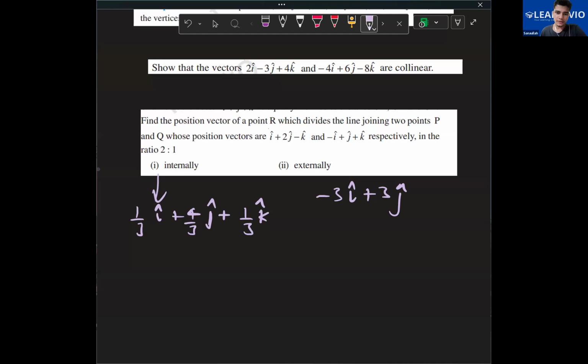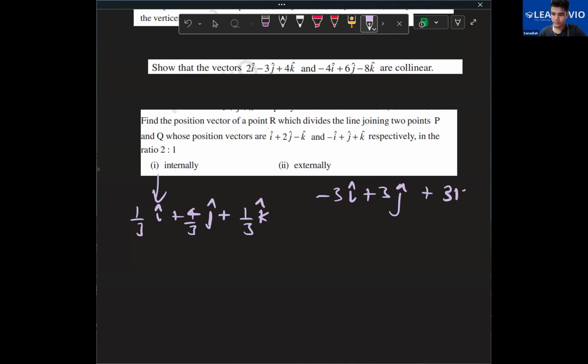Okay, Ali, what's your answer for the first and second? Sir, same answer. 1 by 3 i cap plus 4 by 3 j cap plus 1 by 3 k cap for internal, and for the external case, minus 3 i cap plus 3 k cap.